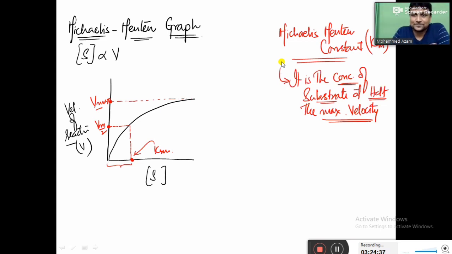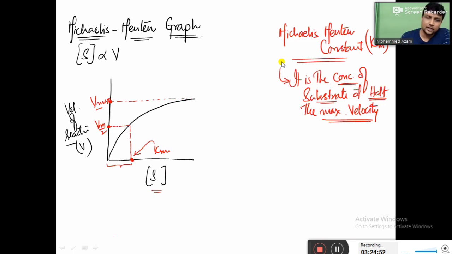Is it okay? So guys, make your life very simple here. What is Michaelis-Menten constant? It is nothing but substrate concentration only. But at half of the maximum velocity, that is an important condition.